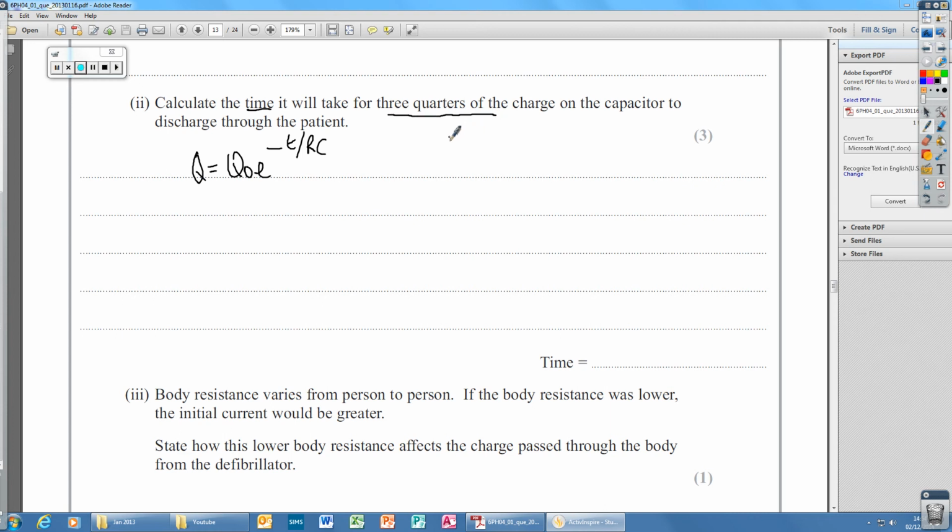Now there's a quick way of sorting that out, but as we want a time, I'm just going to quickly rearrange that. So rearrange it to be Q over Q0 equals, then take natural logs of both sides. So I know that was 2 steps, but I think this is by far the easiest way of doing it.